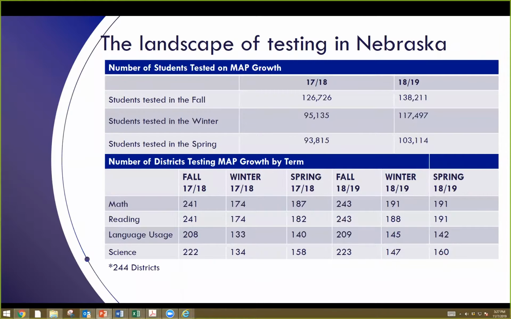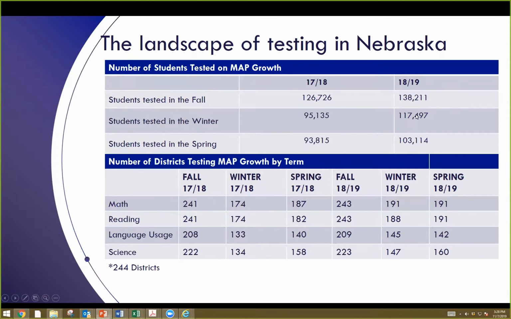So let's look at the landscape of MAP testing in Nebraska currently. This is information from 17-18 and 18-19, broken down into fall, winter, and spring at the top for students testing on MAP Growth. For context, there are about 144,000 students in grades 3 through 8, and this is only 3 through 8 information here. You can see last year in the fall, about 138,000 out of that 144,000 students tested using MAP Growth.